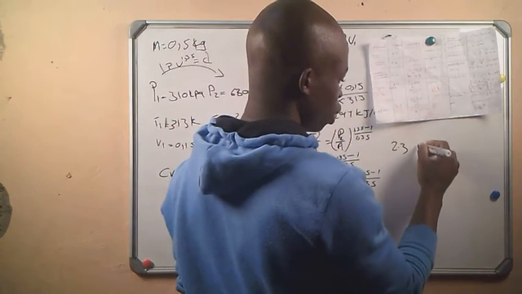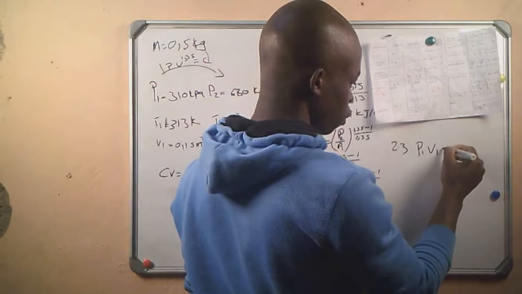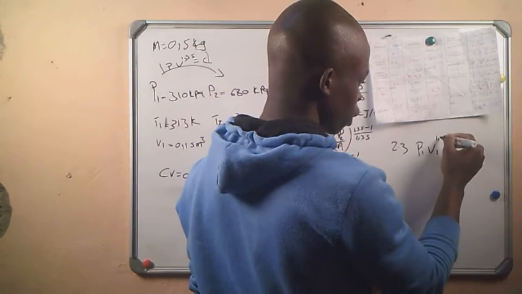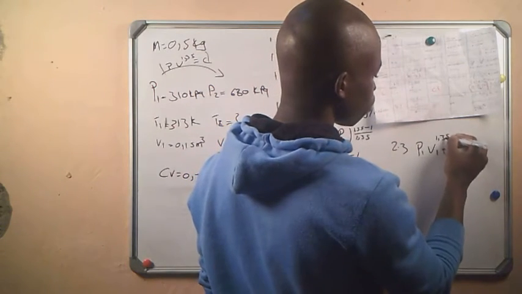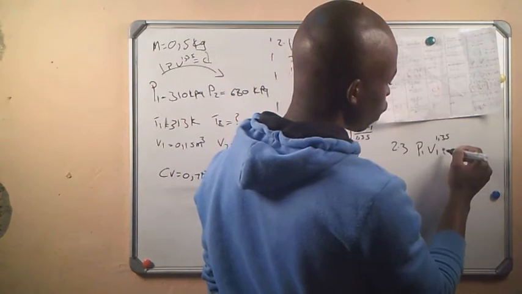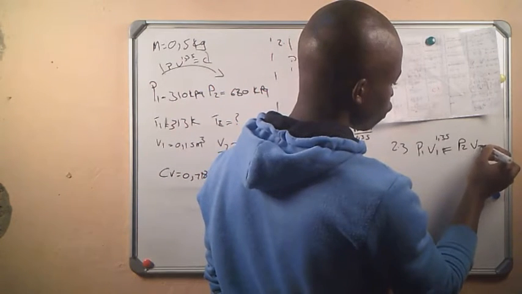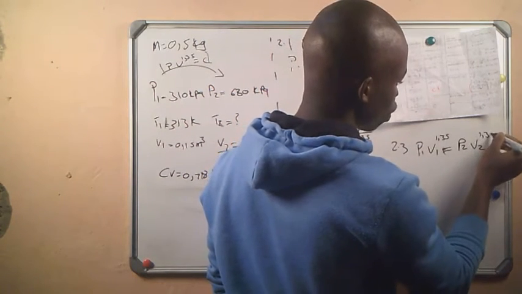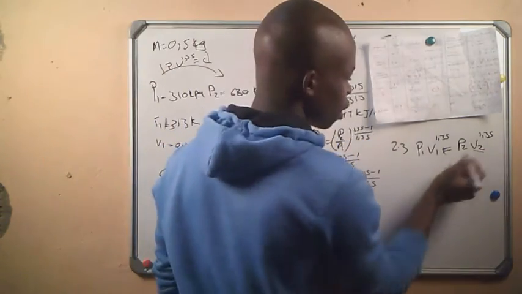I have used P1 V1 exponent 1.35 is equal to P2 V2 exponent 1.35, and then we are looking for V2.